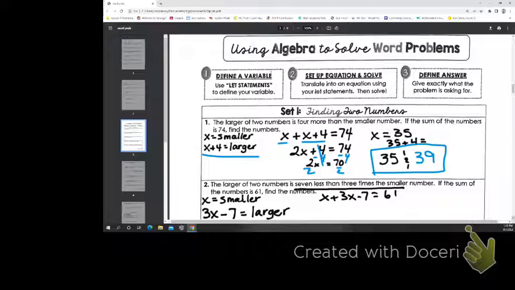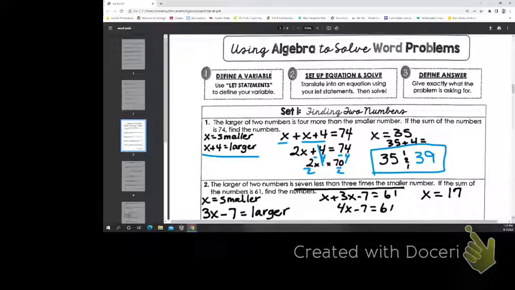If we add them together, we get 61. So we'll combine like terms. Then we'll add 7 and divide by 4. Which should get us to x is 17.